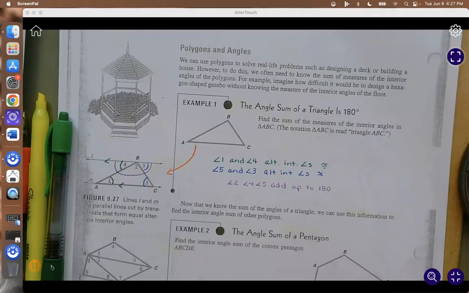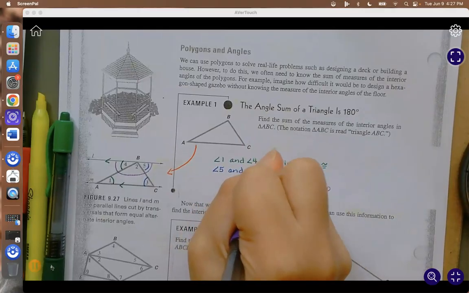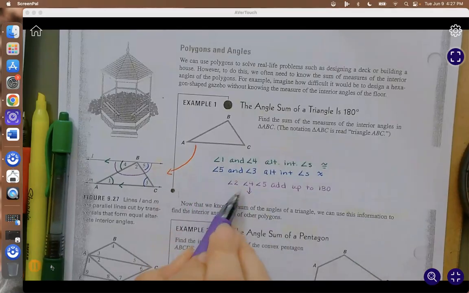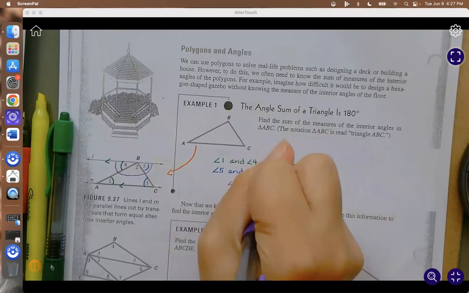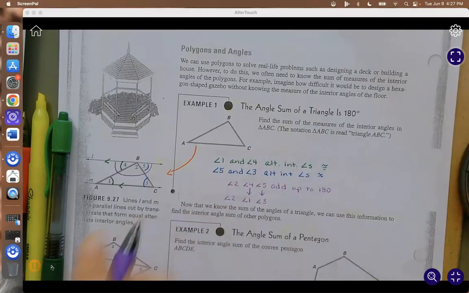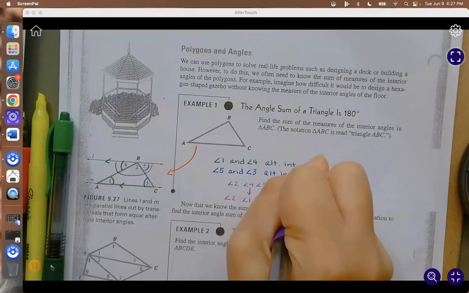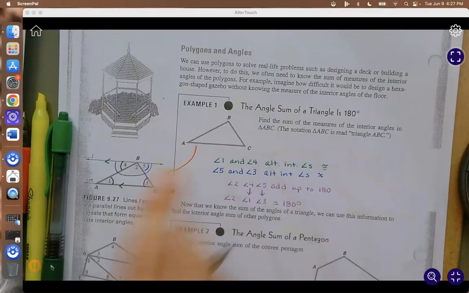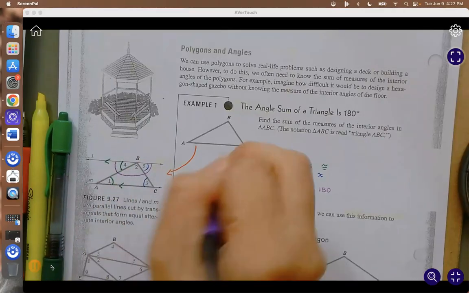Now, if that's the case, we can replace angle 4 with angle 1 because they're the same. And 5 is the same as 3. And we leave angle 2. What do you notice? Those are the 3 inside angles of the triangle. So they equal 180. So that's how you get that the angle sum of a triangle is 180 degrees.